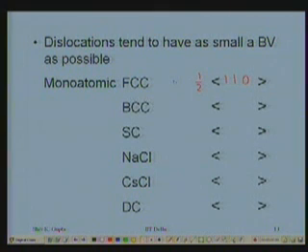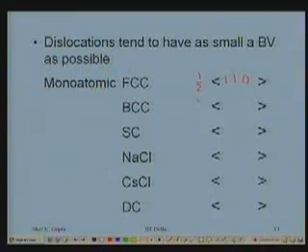Any face diagonal, the 1 1 0 family, right, half 1 1 0. Similarly in BCC, what is the minimum displacement? Corner to the body center, and this is represented in terms of Miller indices as 1 1 1, and that's the magnitude, right.